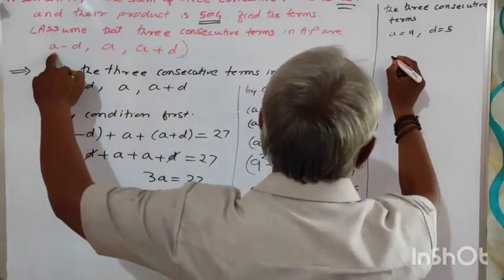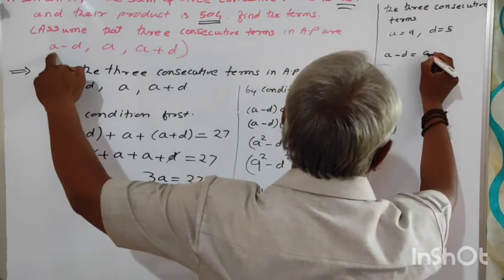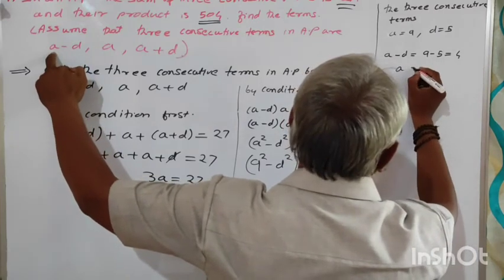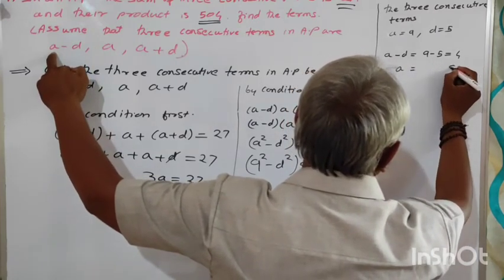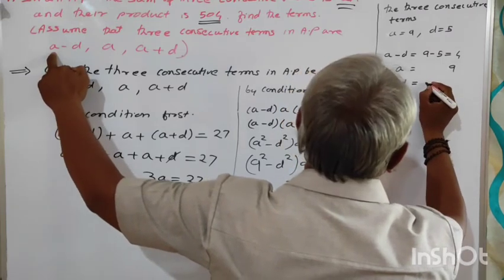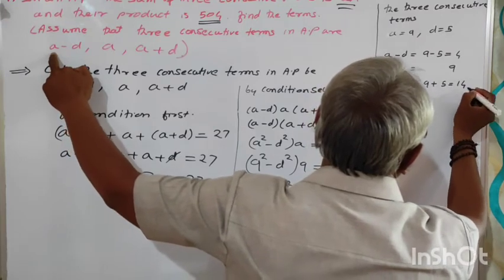Then the first term, that is a minus d, is equal to 9 minus 5, that is equal to 4. a is equal to 9, and a plus d is 9 plus 5, that is equal to 14.